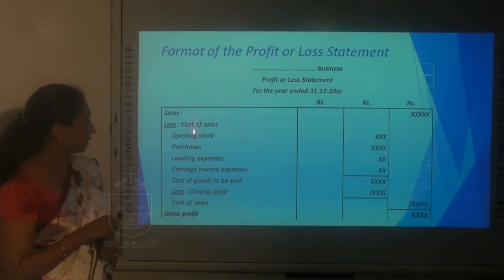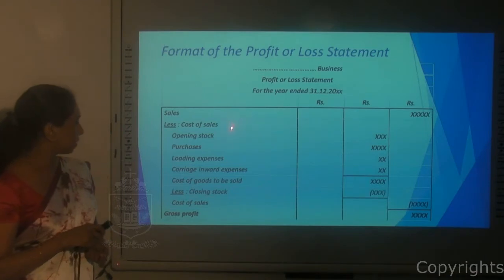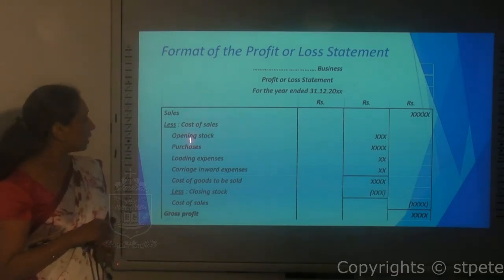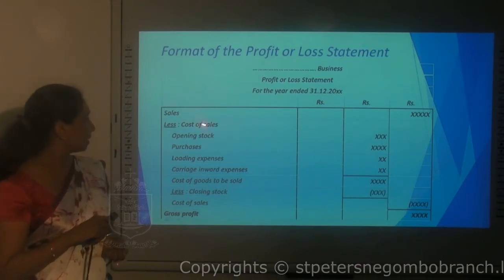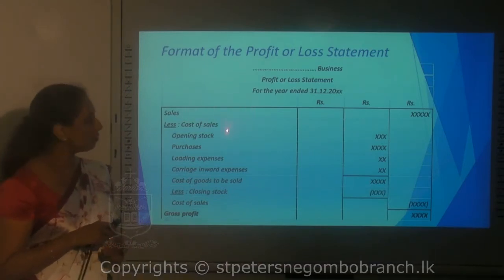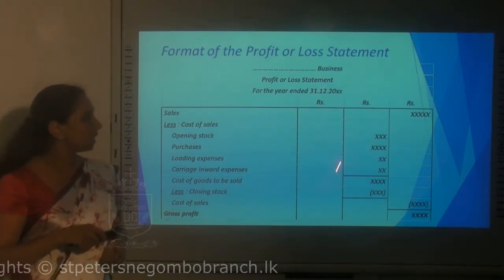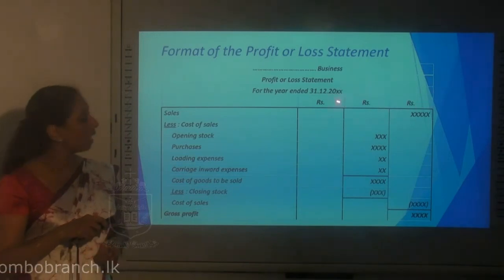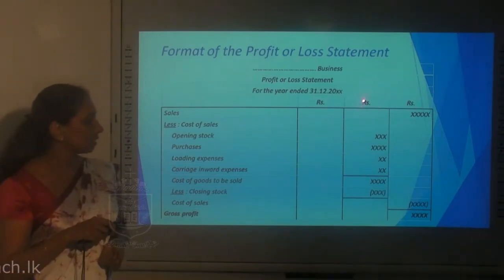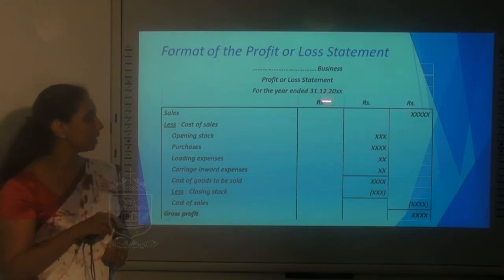And then you can see there is a statement in a columnar form. Here you have the first column for description, to narrate what items are included, and thereafter 3 value columns, and all the values are in rupees. The currency in which the items are presented is mentioned here.